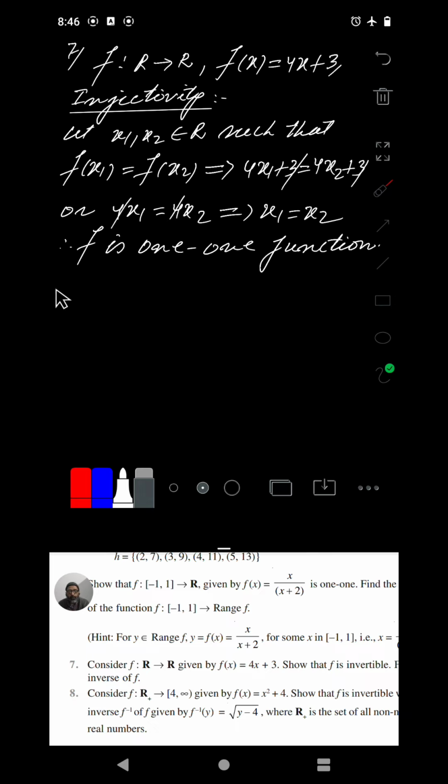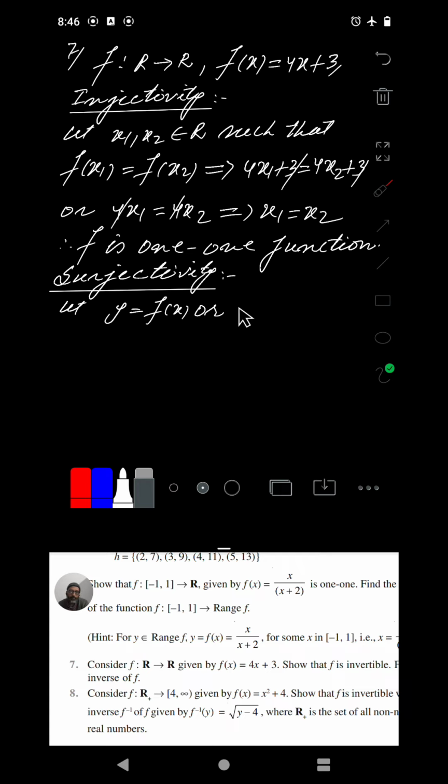Now let us talk about surjectivity. For surjectivity, we need to find out the range of the function. So let y = f(x), or y = 4x+3, because f(x) = 4x+3. Now we need to find the value of x as an expression of y.